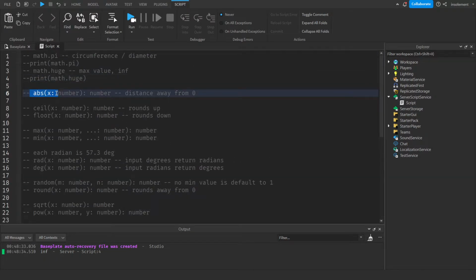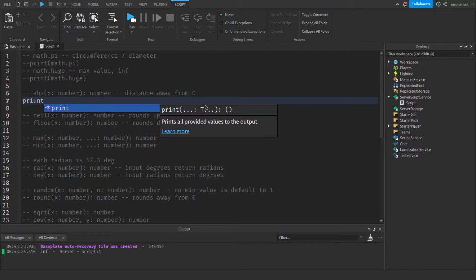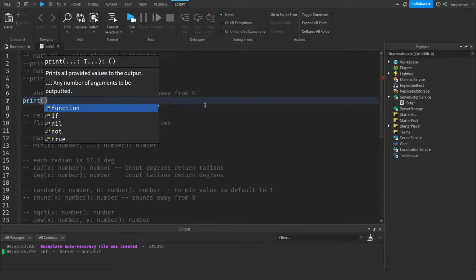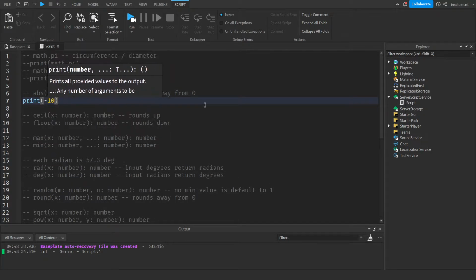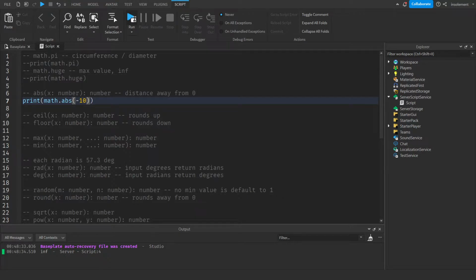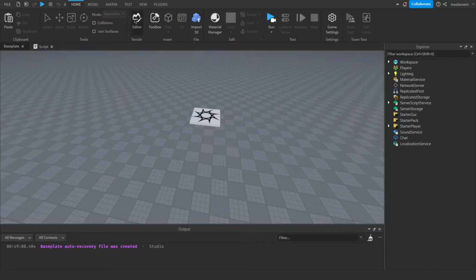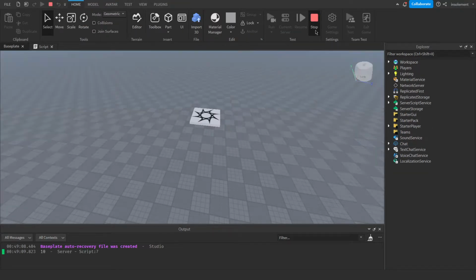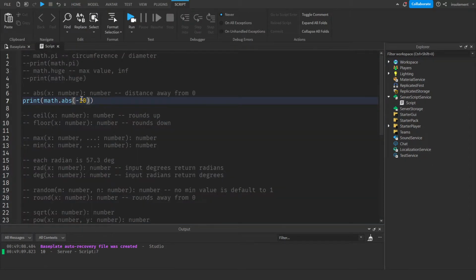So the first function is abs. So it takes in a number and it returns us a number, right? And so what absolute value is, it's the distance away from 0. So if we were to print math.abs(-10), it would return to us 10 because it's 10 away from 0, right?